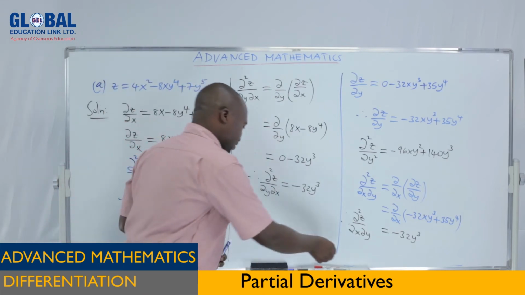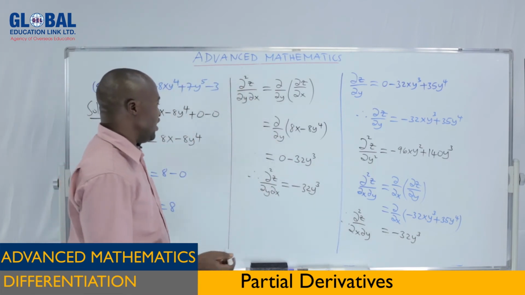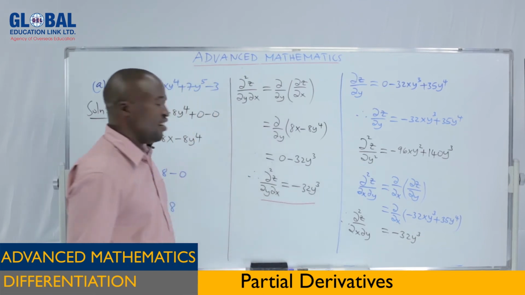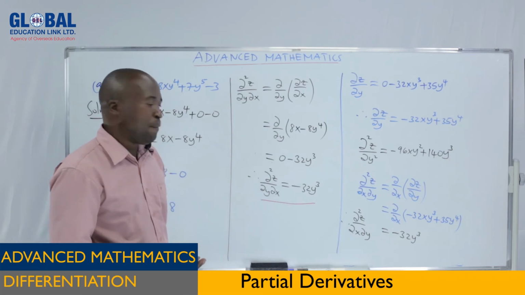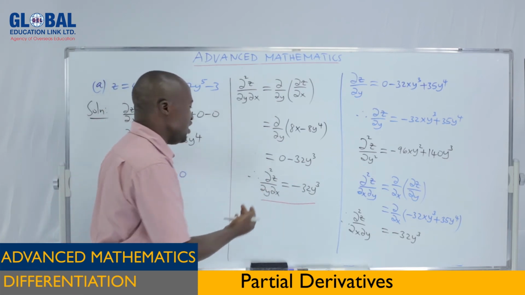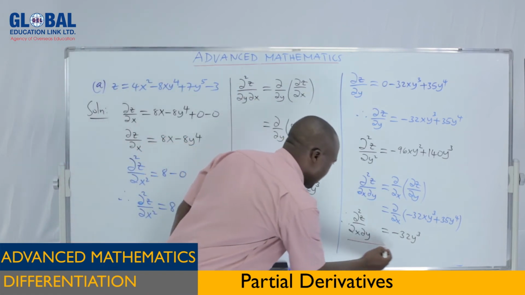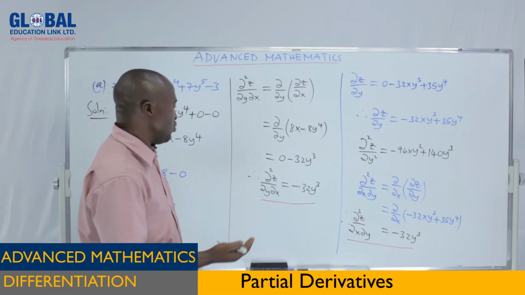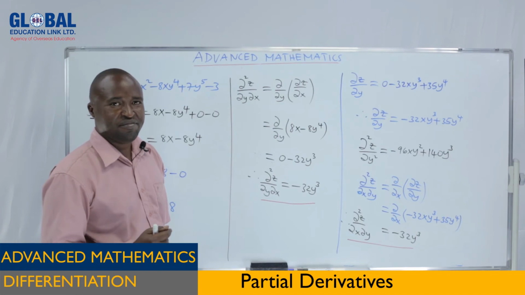So dear student, in your observation, you have seen there is no difference between the answer we obtain when we are finding the second order partial derivative of z with respect to y and x with the second order partial derivative of z with respect to x and y. The answers are the same.